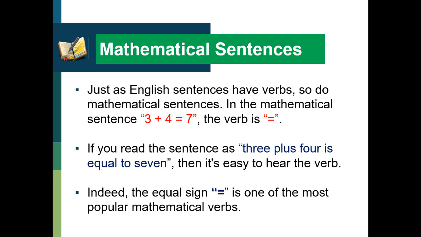Indeed, the equal sign is one of the most popular and famous mathematical verbs. Now, if you're going to say 1 plus 3 is equal to 4, then you use "equal" as the verb. Since we have the verb "equal" and the subject 3 plus 4, which are called expressions also, 7 is another expression, then if you are going to combine it with a verb, that will become a complete sentence. That's why it's called a mathematical sentence, because it conveys a complete thought.